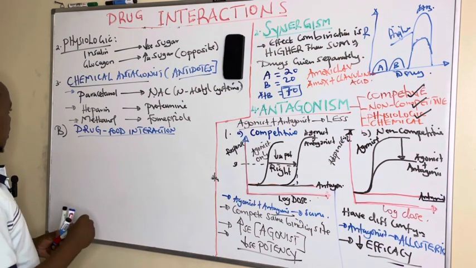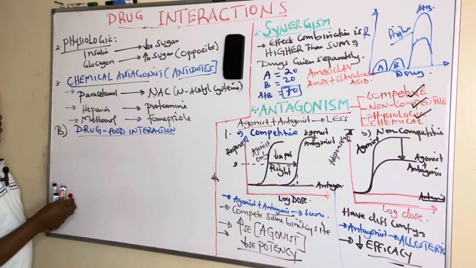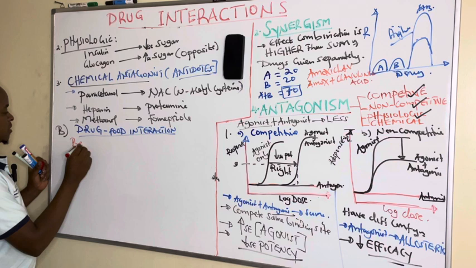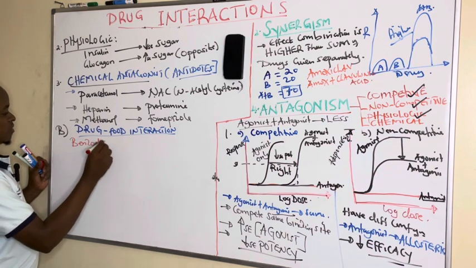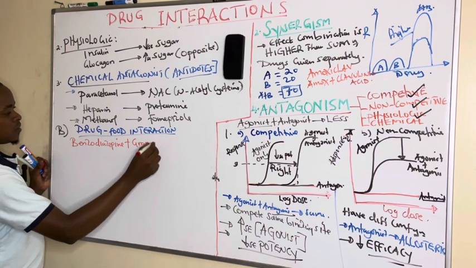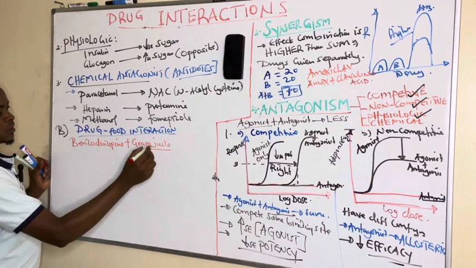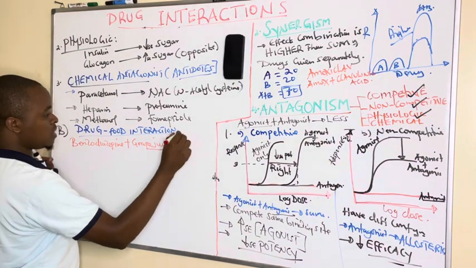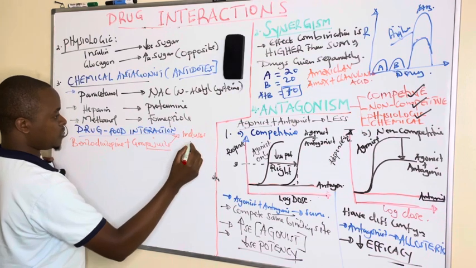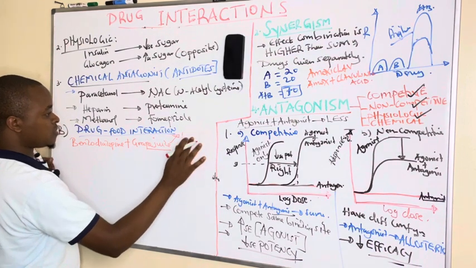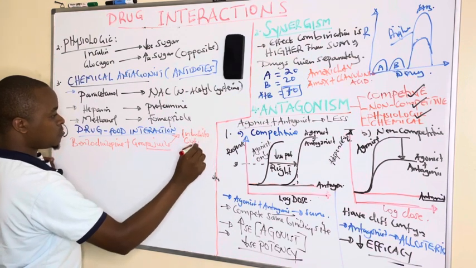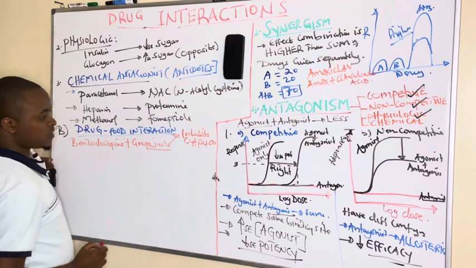As we go to drug-food interaction, we are going to see drugs like benzodiazepine. If you have a drug like benzodiazepine and you combine it with grape juice, this grape juice inhibits cytochrome P450 isoenzymes.